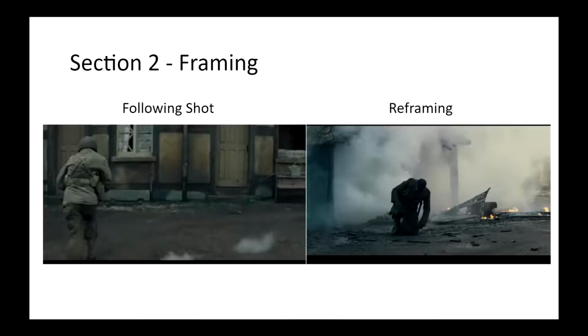The fact that it's going up produces hope and builds tension at the same time, because it's going so slow and he's standing up so slowly after this bomb. Eventually, after he stands up, he unfortunately gets shot by a German troop. So I really enjoyed this cinematography skill of reframing.